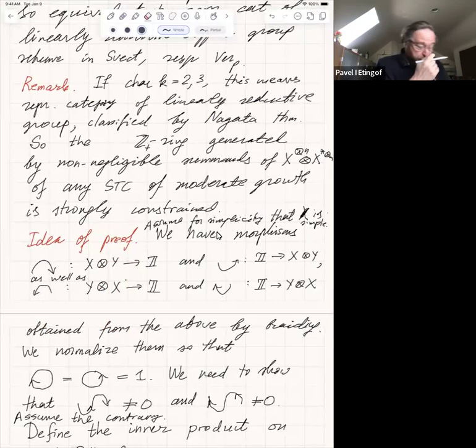For the proof, I will assume for simplicity that I have a simple object, which, if I have a semi-simple category, is automatic because X was supposed to be indecomposable.